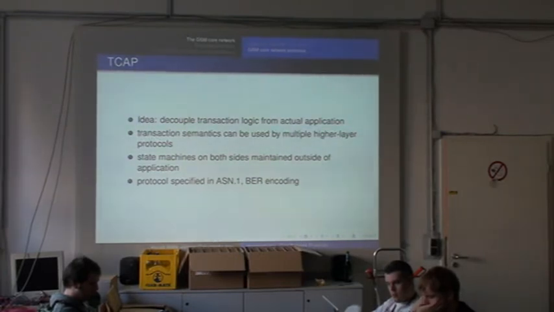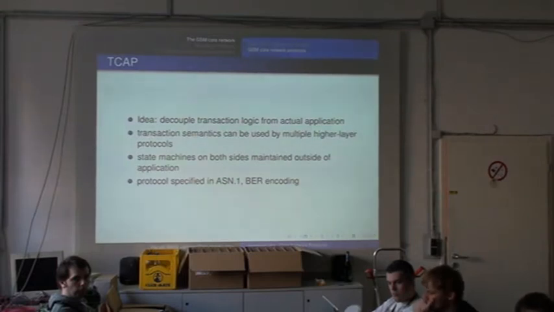One is the TR part, the other one is the TC part. One is a component and the other is a dialogue sort of part. They split the functionality of TCAP into two sublayers, and in the spec it states that the only user of the lower sublayer is the upper sublayer. So it actually defines the primitives between the TR and the TC part, even though the TC part is the only thing that will ever use the TR part. So lots of interfaces and interaction that maybe could be done much simpler.